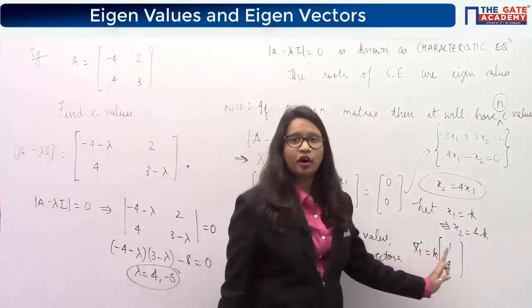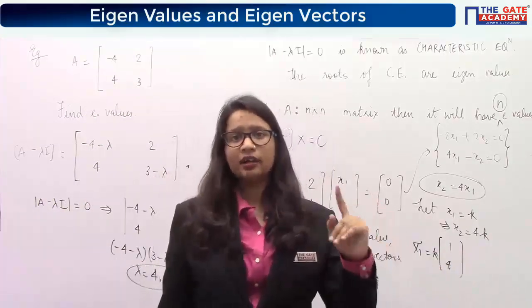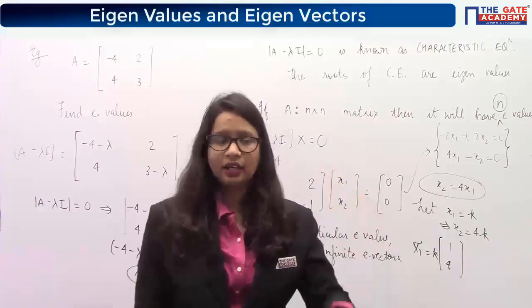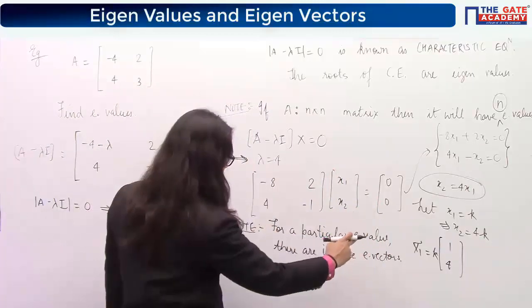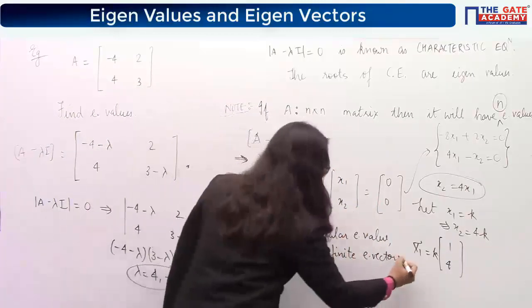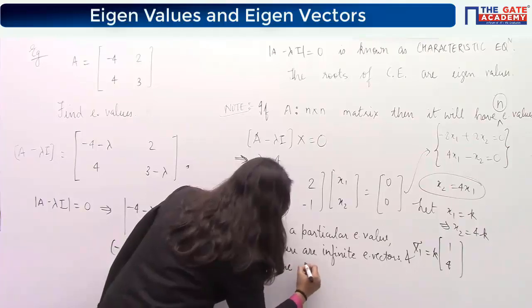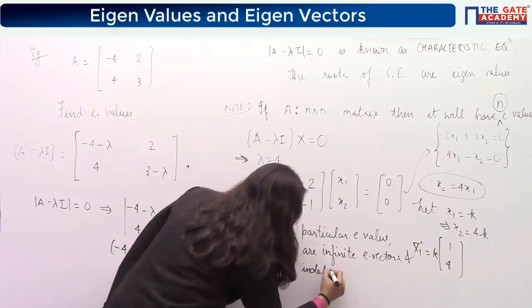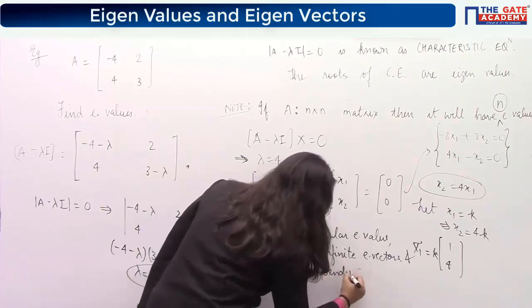These are the set of all parallel vectors. Among all those parallel vectors, you will still say that one of them is linearly independent. So write down the next point: for a particular eigenvalue, there are infinite eigenvectors and one independent eigenvector.